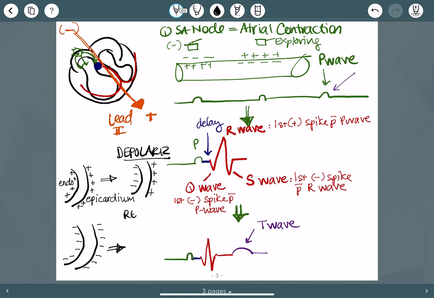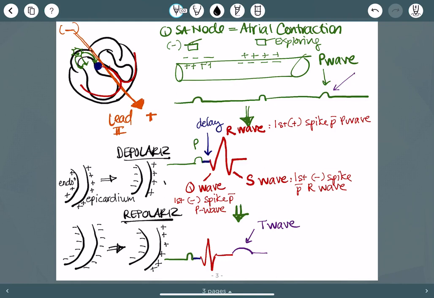So for repolarization, I'm going to redraw that wall of the ventricle. The epicardial cells repolarize first. So they're positive here, while the endocardial cells are still depolarized. So from the viewpoint of the electrodes, the EKG sees this as a positive deflection because of the arrangement.